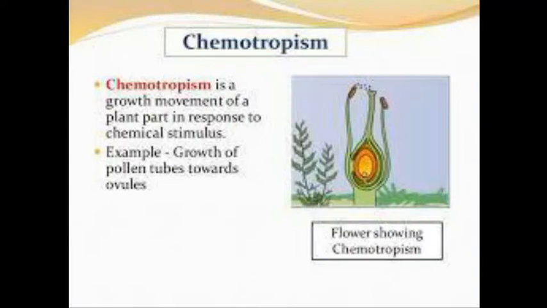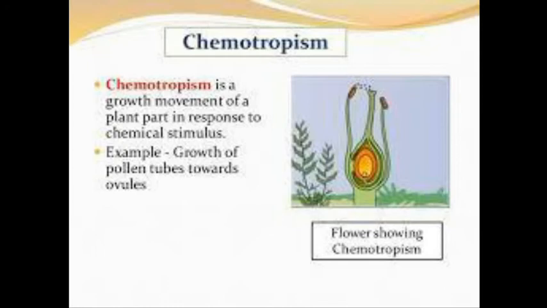The last tropism is chemotropism. That means a plant part is growing towards a chemical. You have studied about pollination. That means pollen grains are transferred from stamen to stigma. After pollination, the next step is fertilization.